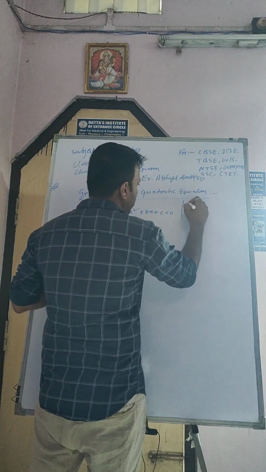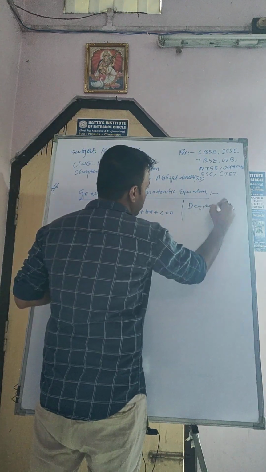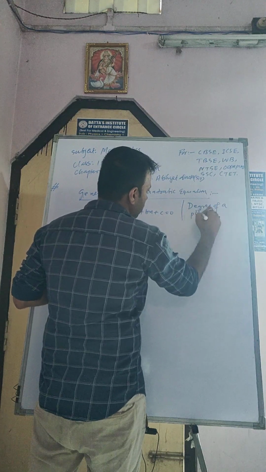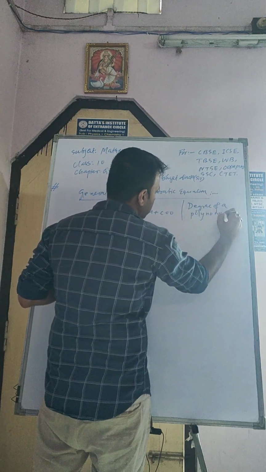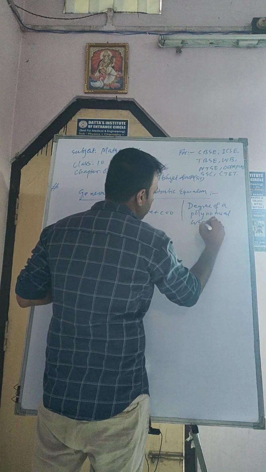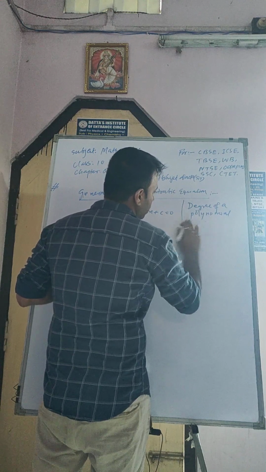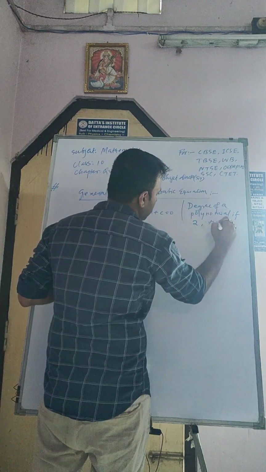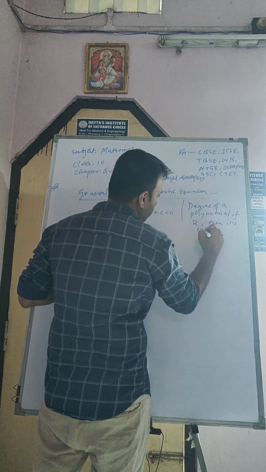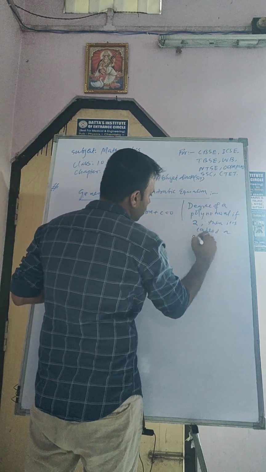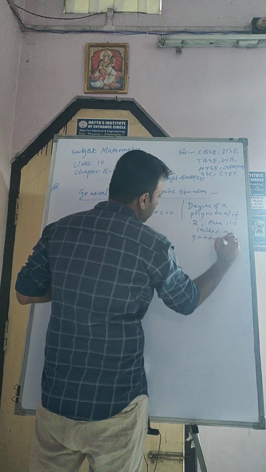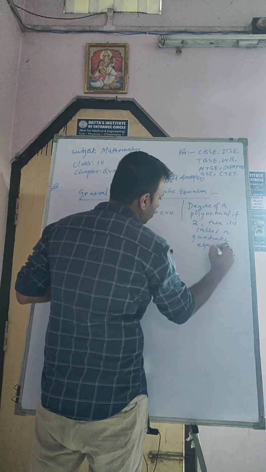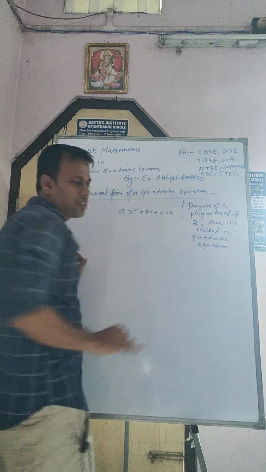Now, what is the degree of a quadratic equation? If the degree of the polynomial is 2, then it is called a quadratic equation. Okay, this is the basic definition.